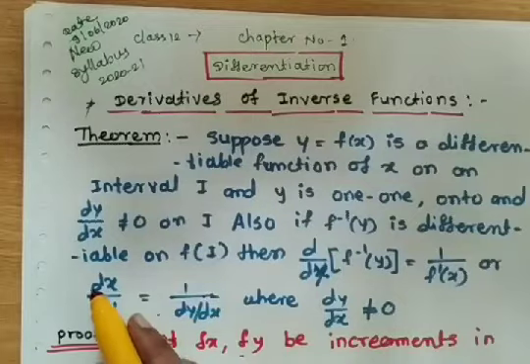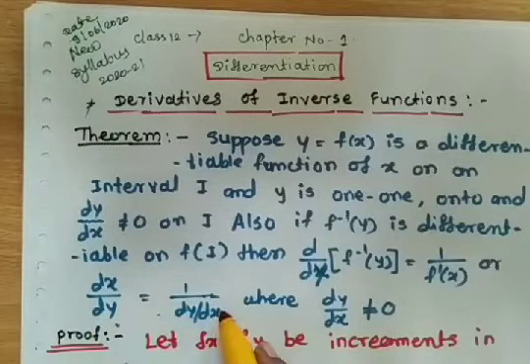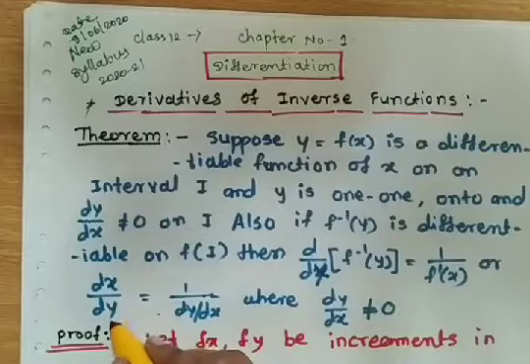And let us see here what we have to do for this. dx upon dy is equal to 1 upon dy by dx. We have to prove it. Okay. For this, therefore, the left side is dx upon dy.